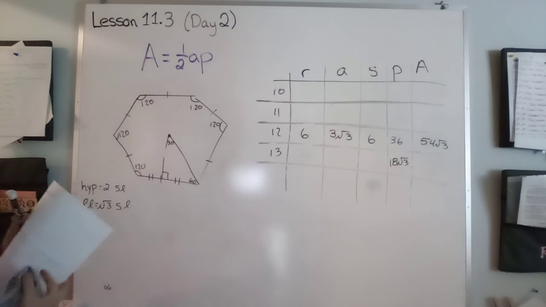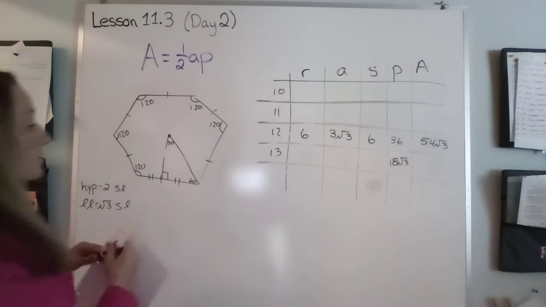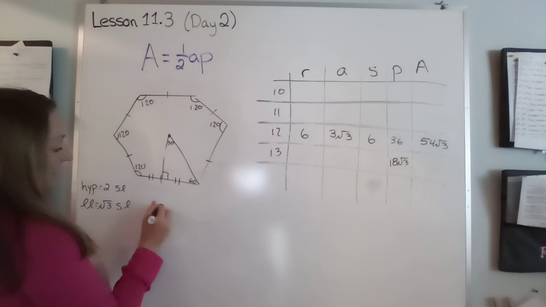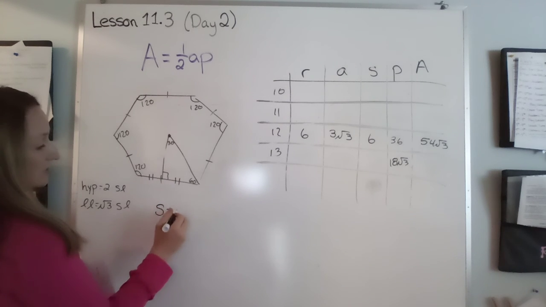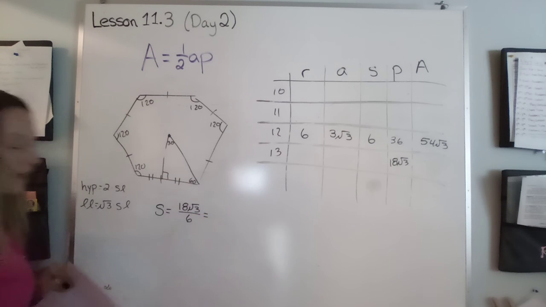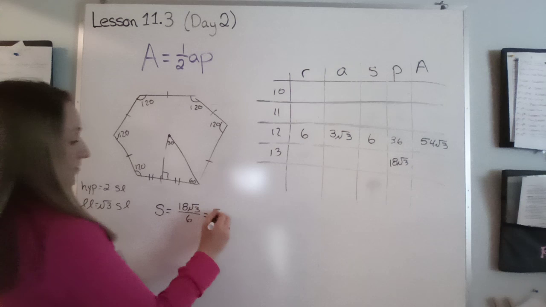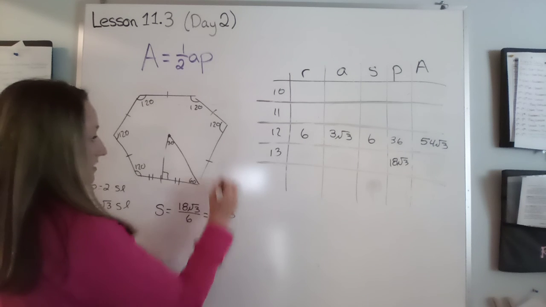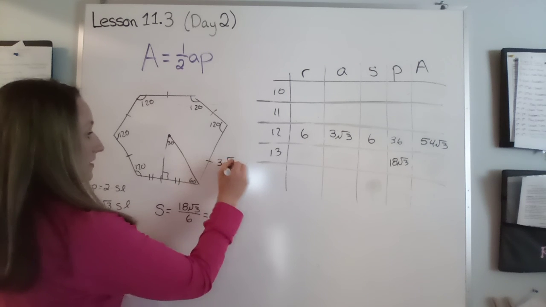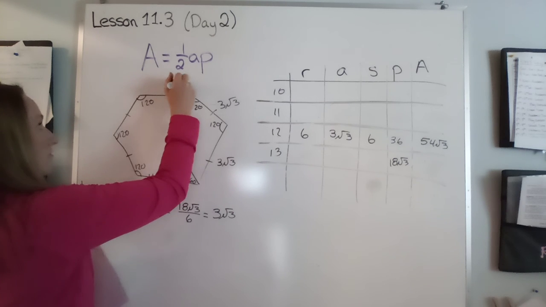All right, so if you're given 18 root 3 for the perimeter, then to figure out the side, there are 6 sides, you're going to take the perimeter, 18 root 3, and divide by the 6 sides, okay? 18 divided by 6 is going to be 3, so you have 3 root 3 for each side. So this side is 3 root 3, this side is 3 root 3, all around, okay, 3 root 3.